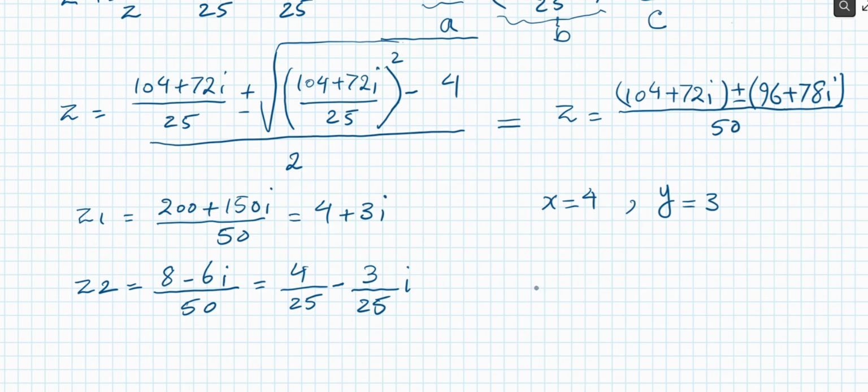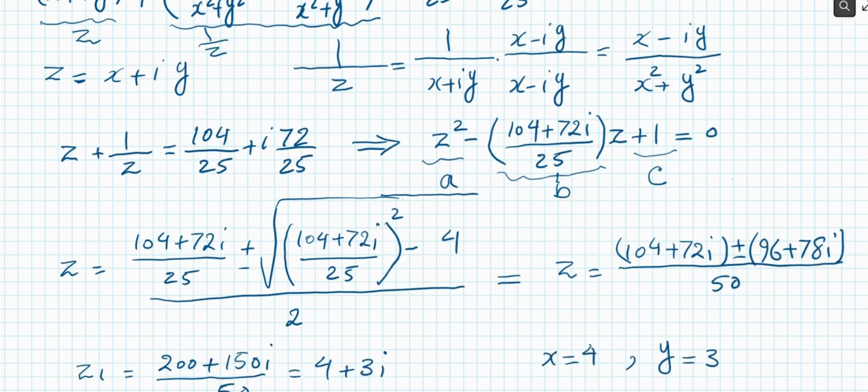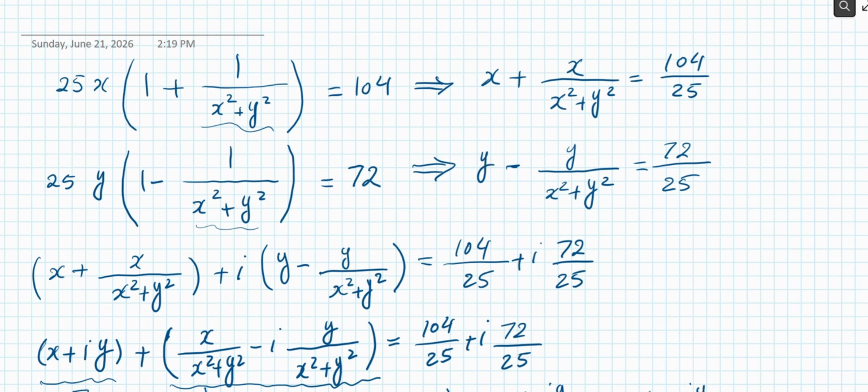So for this case, we have x is equal to 4 over 25 and y is equal to minus 3 over 25. And these are the two solutions to these two nonlinear equations.